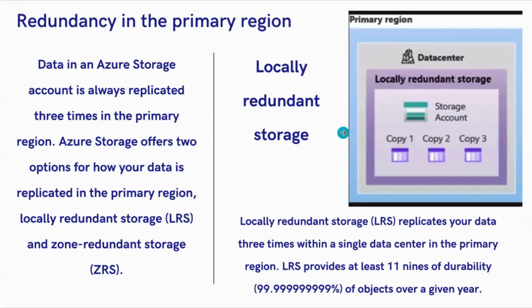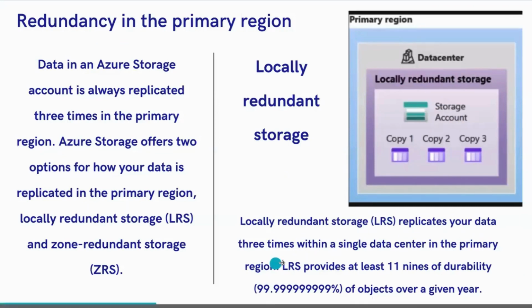LRS means replicate your data 3 times within a single data center in the primary region. LRS provides at least 11 nines of durability of objects over a given year. So this is what 11 nines means: highly available.